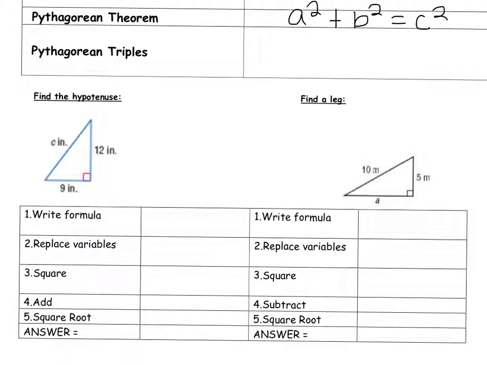And the last thing that we have are what are called Pythagorean triples. And those are simply numbers that prove the theorem. In other words, they're right triangles. They're measurements of right triangles.